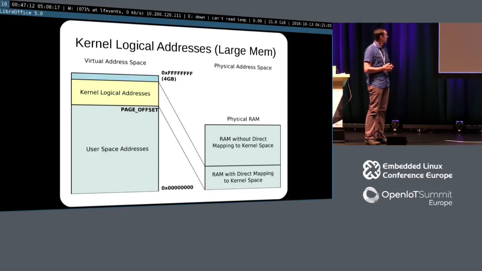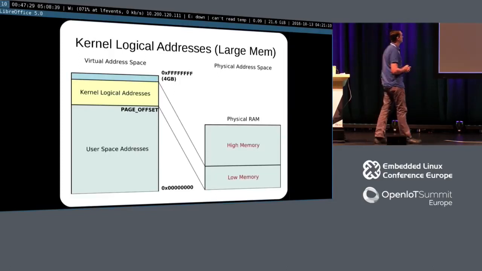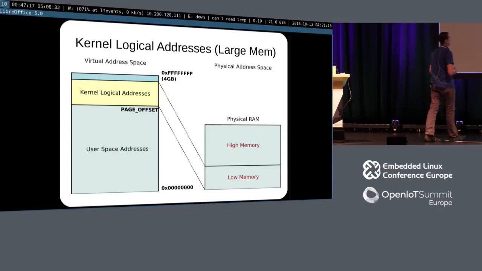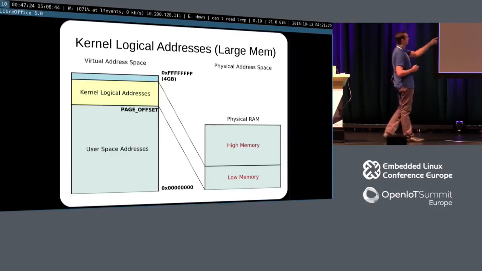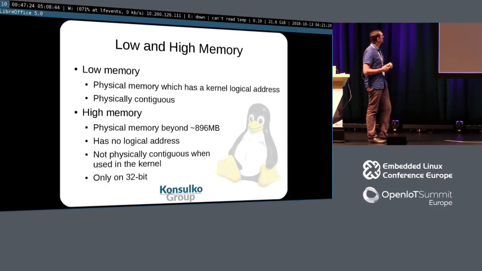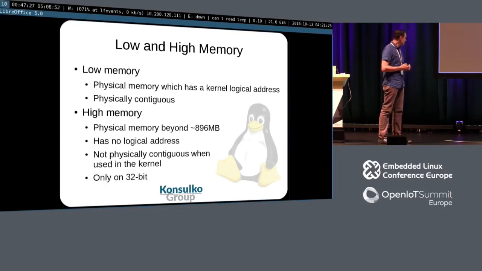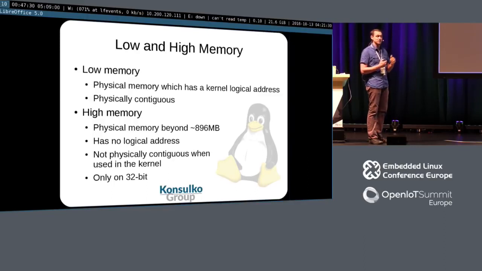So you don't have that logical mapping, and you can't use any of those simple macros on them at all. So how do we call that? Low memory is that directly mapped set. And then the high memory is not physically contiguous. It gets mapped in on demand. We only have that situation on 32-bit.